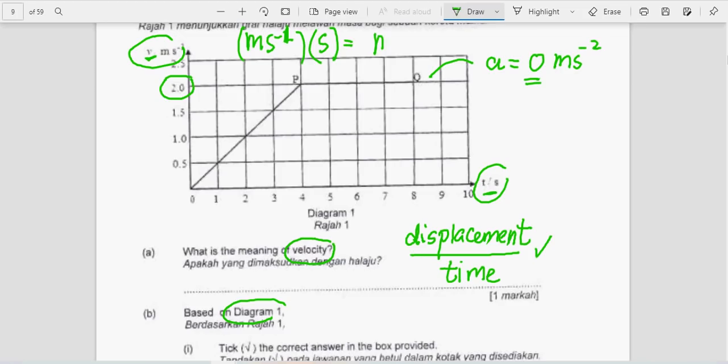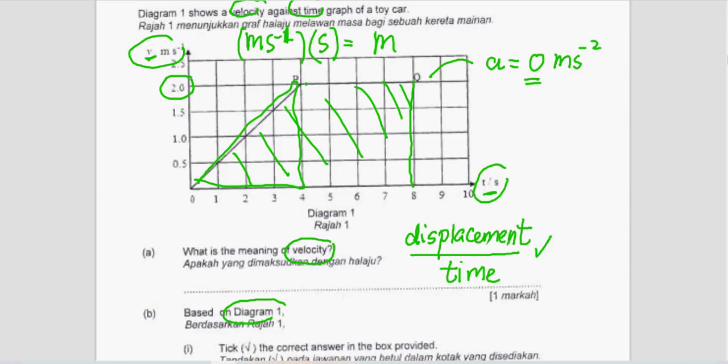So it will be meter. So that means the area under the graph represents the displacement. So you can use the trapezium formula, pun boleh guna formula segitiga, this part segitiga, right? Segitiga campur dengan segi empat. Like that also can.